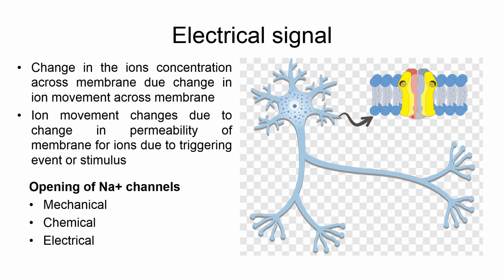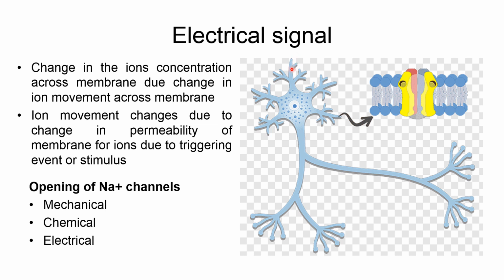Here we can see a channel, that is a sodium channel. These sodium channels could be of any type: mechanical, chemical, or electrical. It depends on the type of stimuli coming on these dendrites. So when there is a stimulus, that will open the channels.